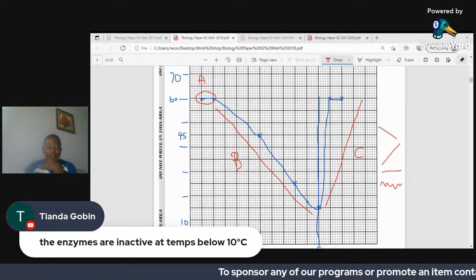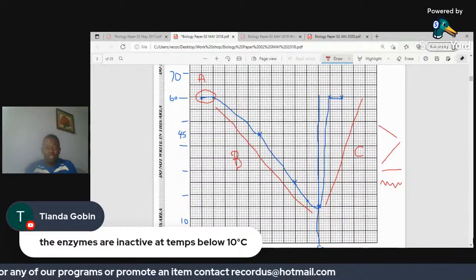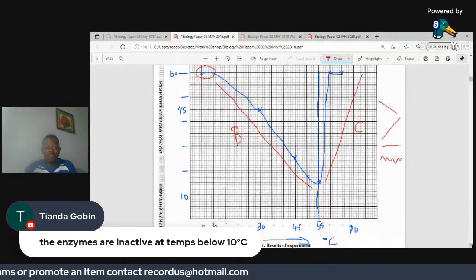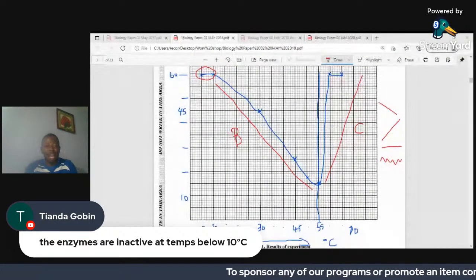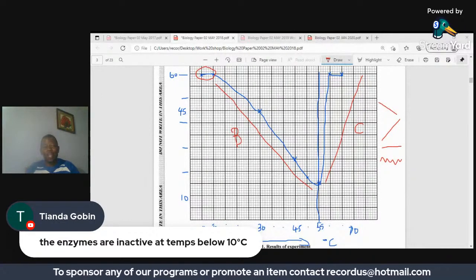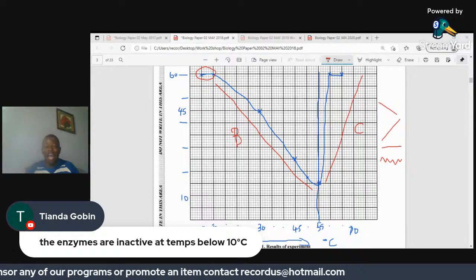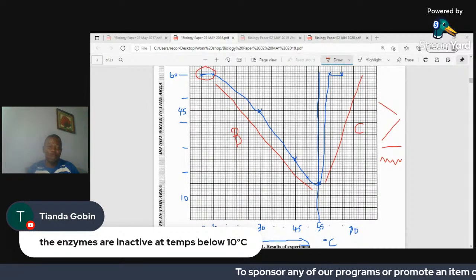This is between 5 and 10, okay, I'm sorry, Gobbin. So the enzymes are pretty much inactive below 10 degrees Celsius. What that means is that there's pretty much no activity there. Remember, enzymes are not organisms, so they can be denatured but not killed.